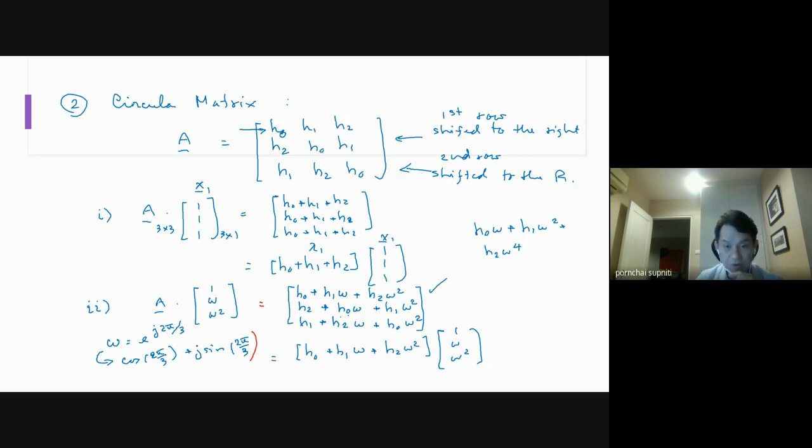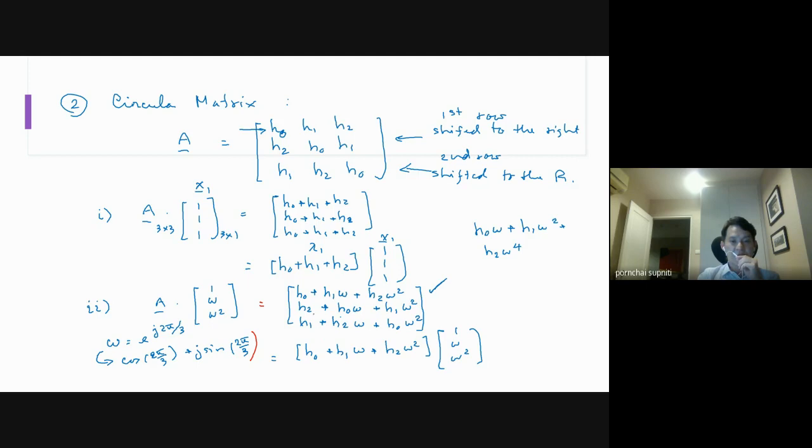Wait, did I do something wrong? So if I write it like this, the first row I get correct, H2 omega squared.